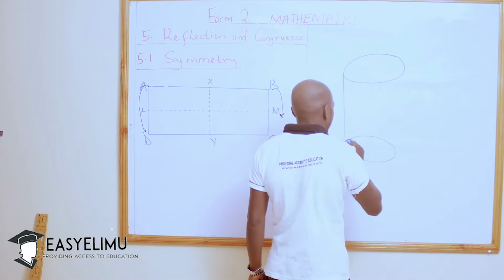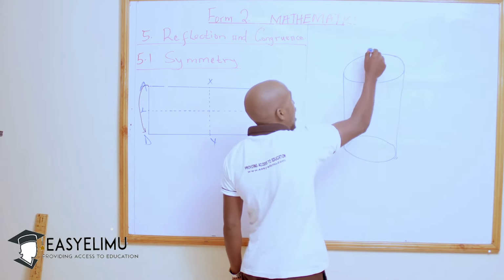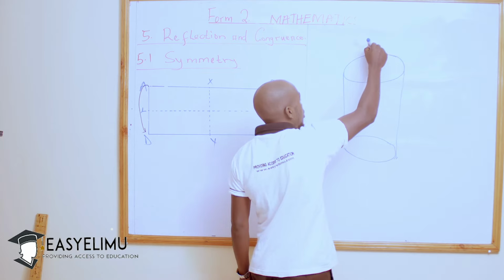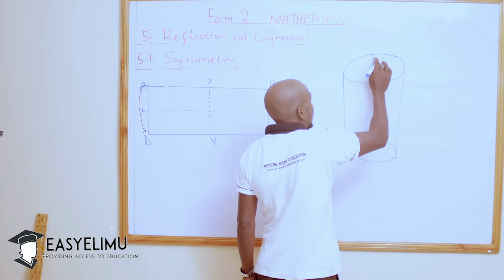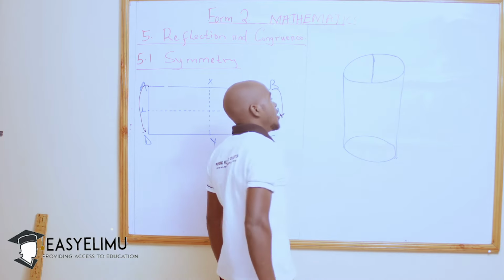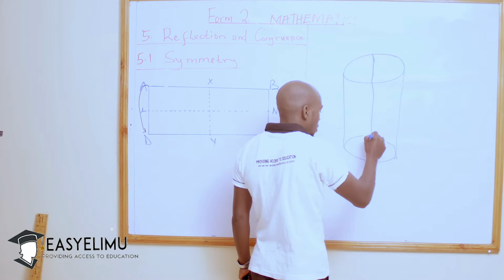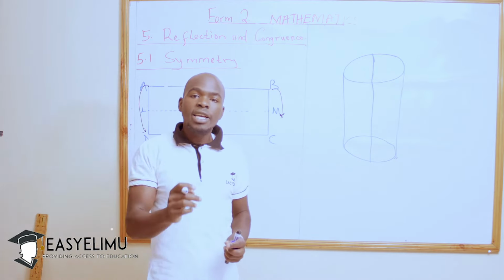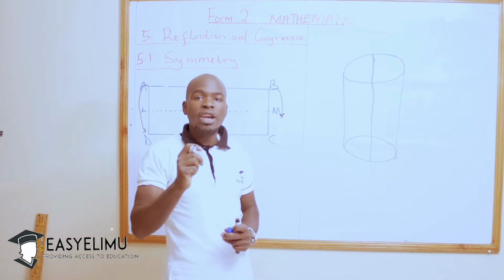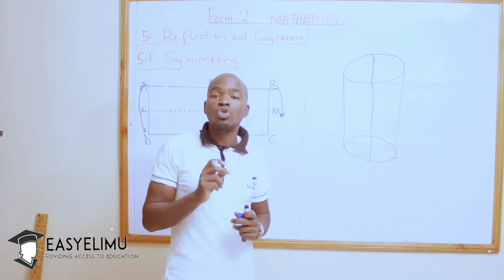If you cut it into two equal parts using one line of symmetry, starting from the upper part, the side of the circle, and cutting up to the bottom through the other side, you will find each line you choose as your line of symmetry is cutting the cylinder into two equal parts.